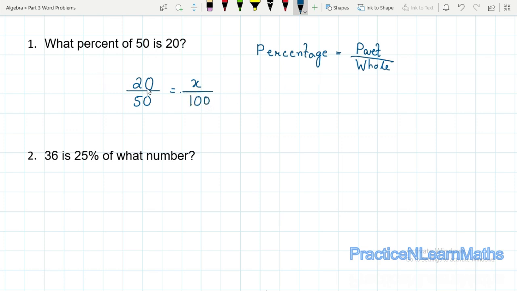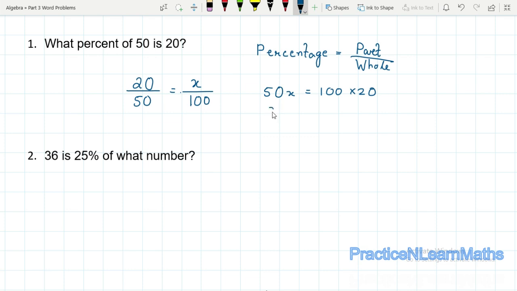You see, part is 20, whole is 50, and again over here x is the percentage and 100 is the whole. So we can write in the next step 50x is equal to 100 times 20. We have cross multiplied.